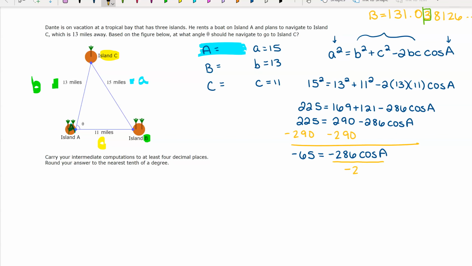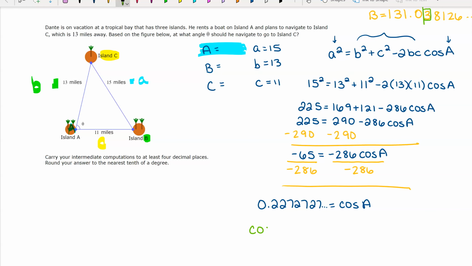So divide by negative 286. So on the right side, we have cos A. And on the left side, I've got positive 0.22727727 repeating forever.